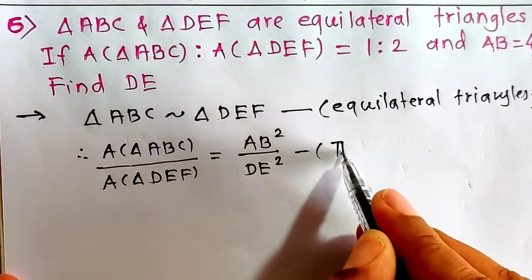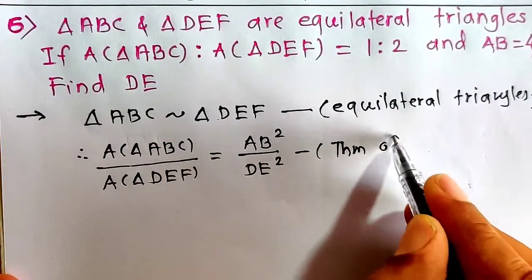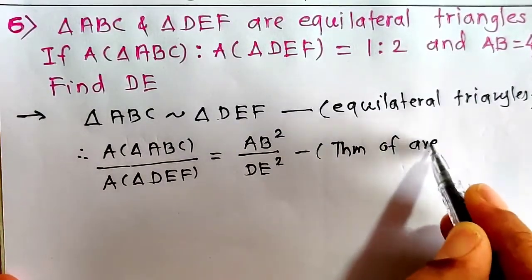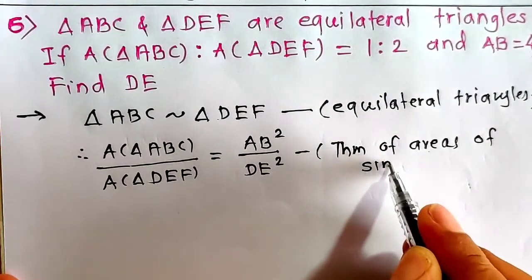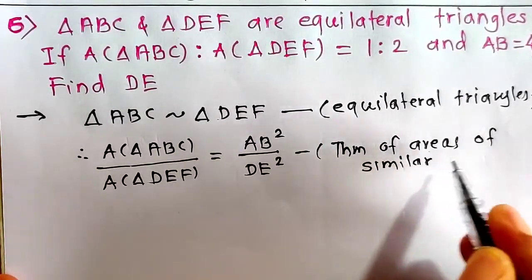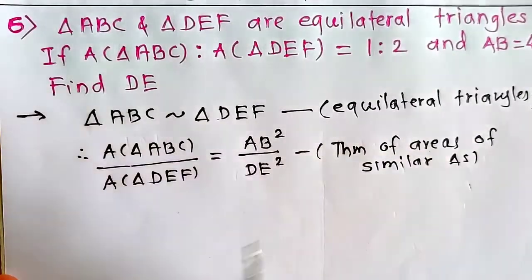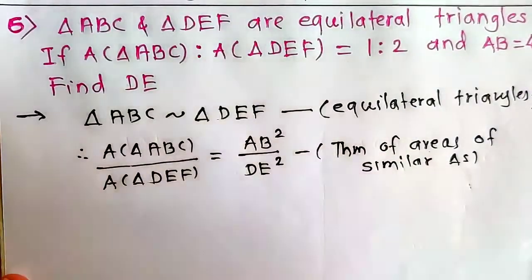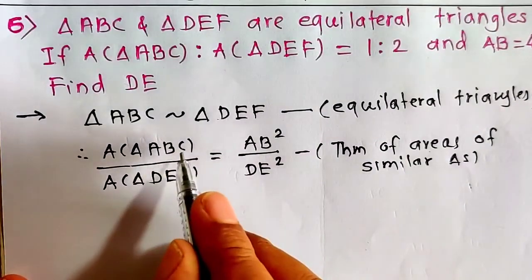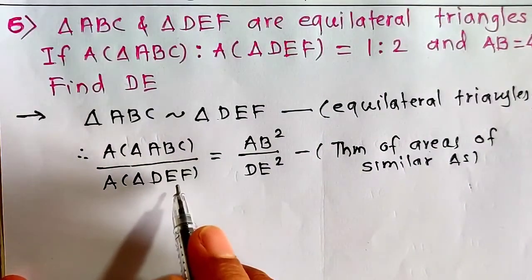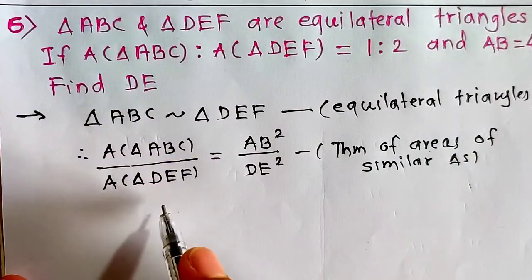Reason? Theorem of areas of similar triangles. So whichever theorem we use, we have to write it. So according to that theorem, this one. Now substitute the value. Area of triangle ABC upon area of triangle DEF is equal to 1/2.